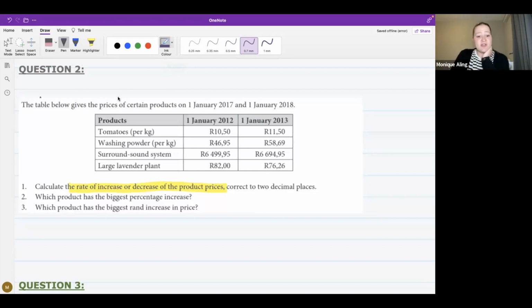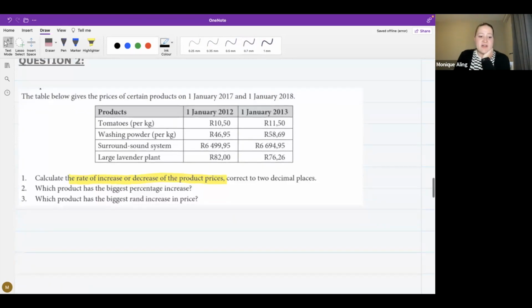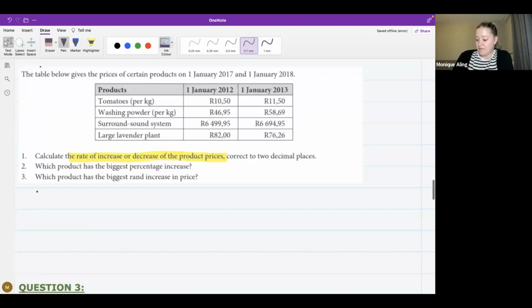So if we look at tomatoes specifically, it was 10.50. It went up to 11.50. So that increased. So let's work out the inflation rate for the tomatoes specifically. They want us to do it for each product. So for tomatoes, remember it's our price difference.